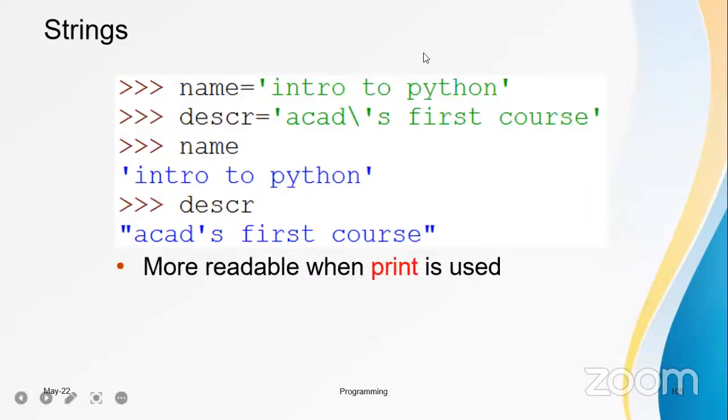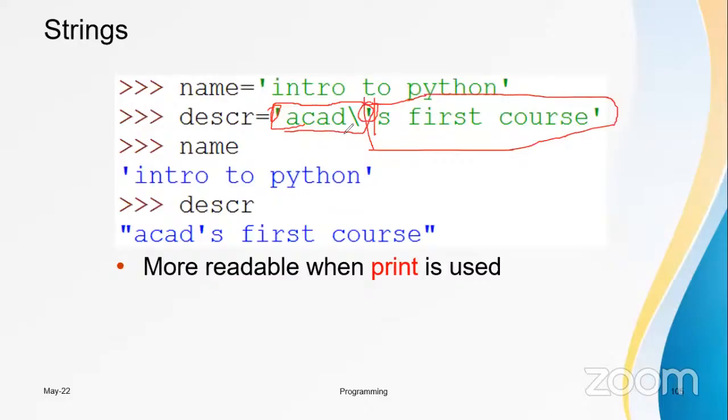So it is Intro to Python. Then when I say it is DSCR, ACATS first course, listen to me. When I use a single quote here and one more single quote here, by default this will be taken as one string, and otherwise the rest of the string will be taken separately.